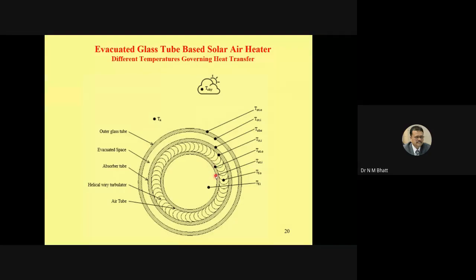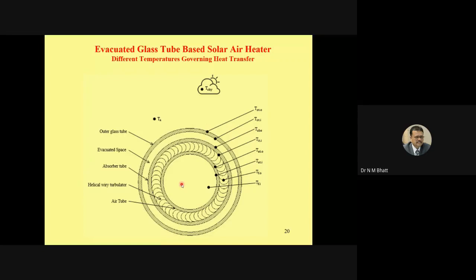There would be heat conduction through the air tube, so there would be a certain delta T between the air tube outer surface and air tube inner surface. And there would be convection between the inner surface of the air tube and the air which is flowing inside the inner air tube.